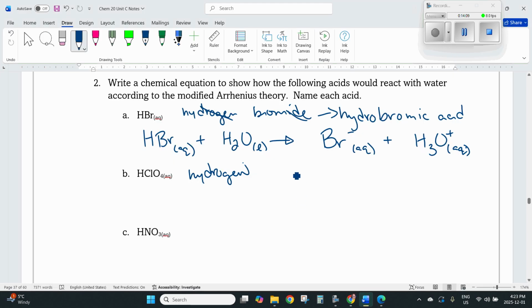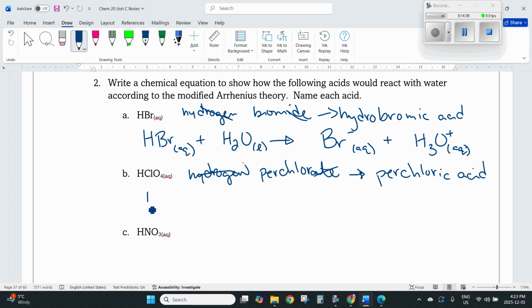So I'm going to put hydrogen perchlorate. According to my acid rules, this is not like number 1 up top because I don't have an "ide." So this has to be rule 2. In rule 2, you get rid of hydrogen and then you change "ate" to "ic acid." So this one is perchloric acid.